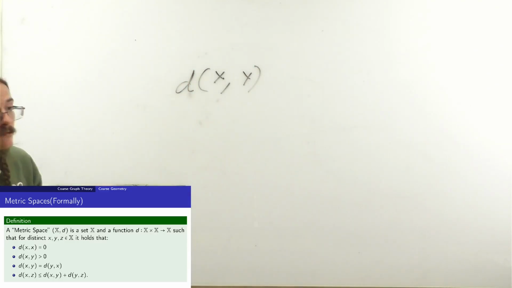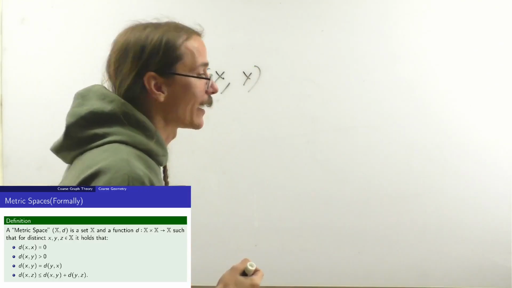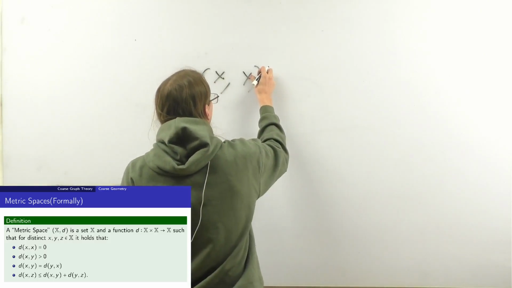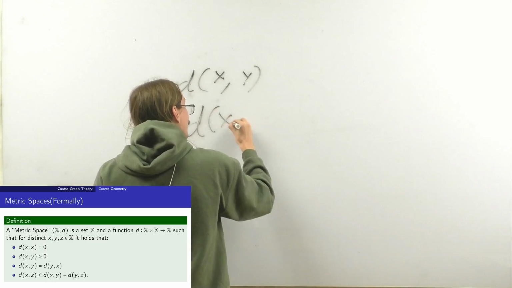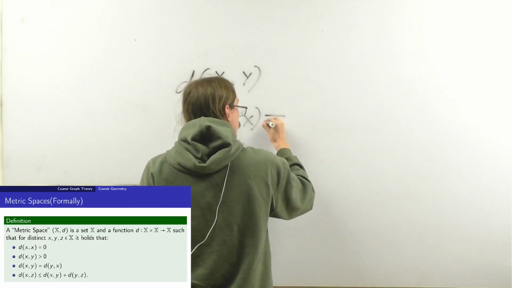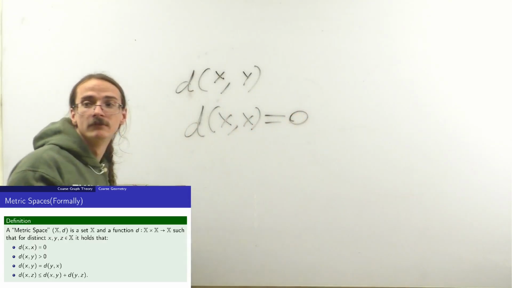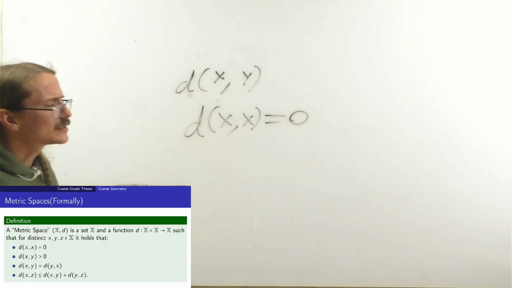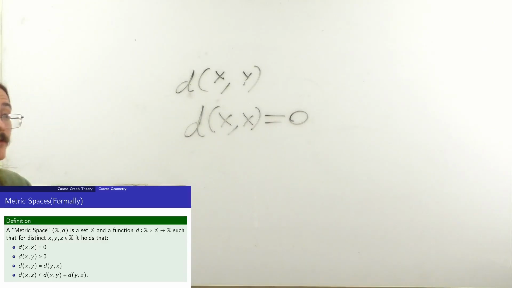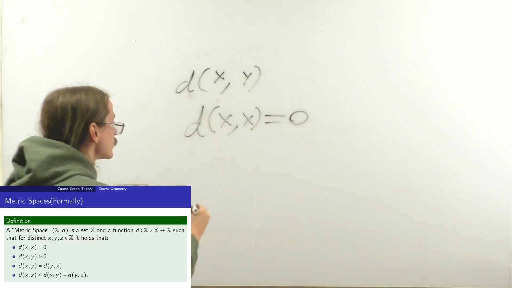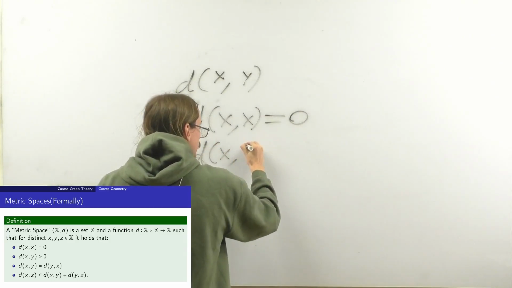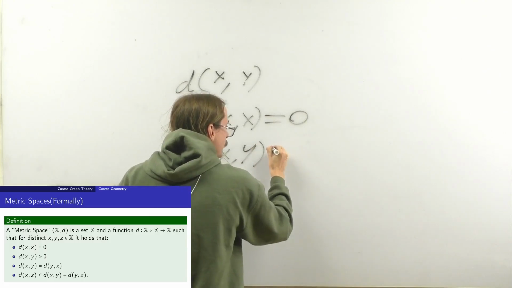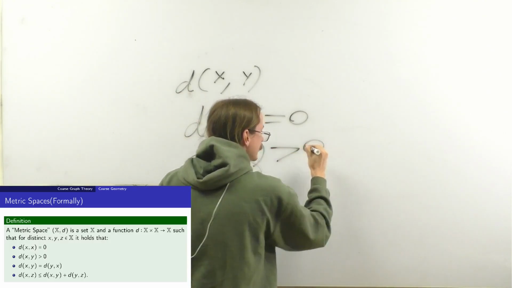Great. Okay, so our 4 points in rapid-fire succession. If the distance from a point to itself has to be 0, well then the distance from x to x had better be 0. Okay, the distance from x to something not x has to be bigger than 0, so the distance from x to something not x had better be bigger than 0.